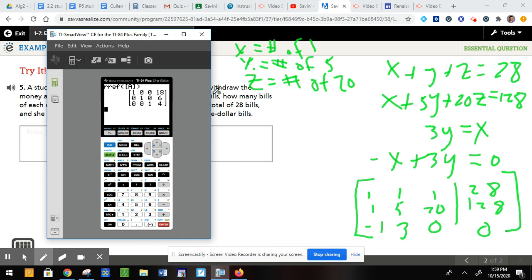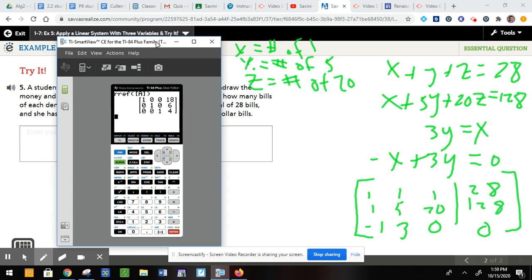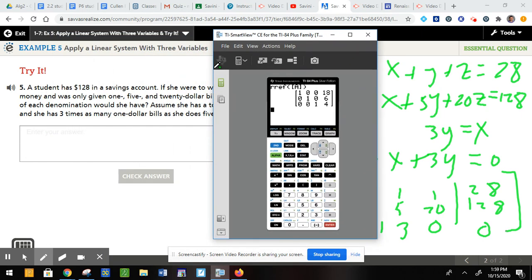Does that make sense? Well, 4 $20 bills is $80, right? 6 $5 bills is $30. So now we're up to $110. And then 18 $1 bills, well, 110 plus 18 is 128. So that does match up. So looks like our answer is good.